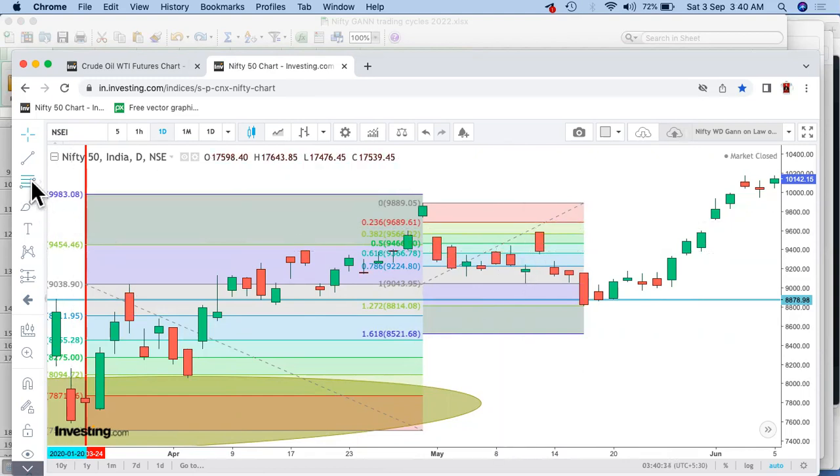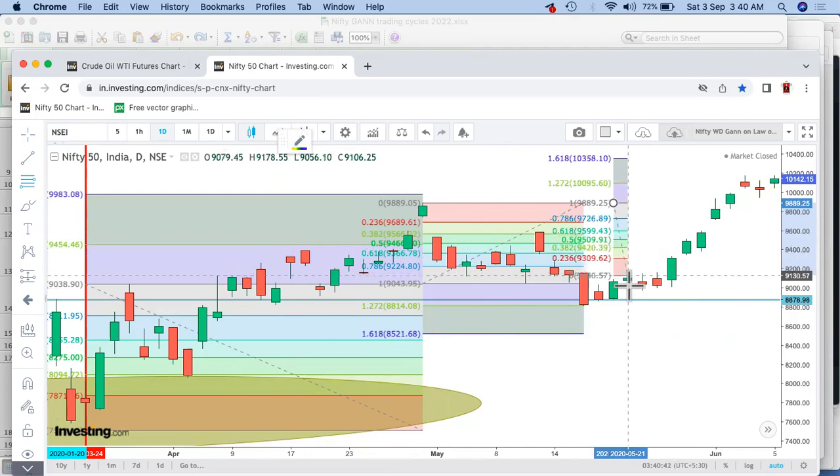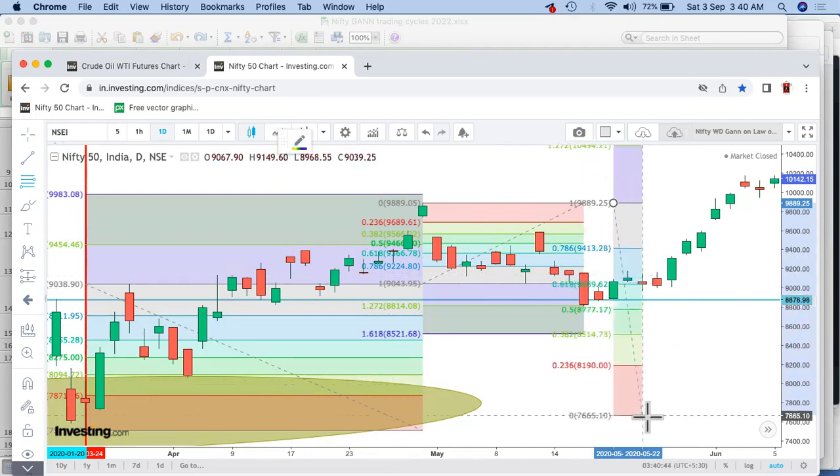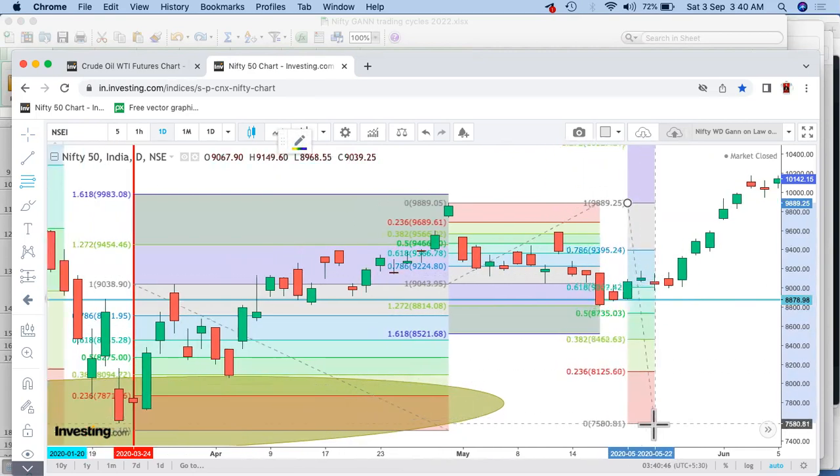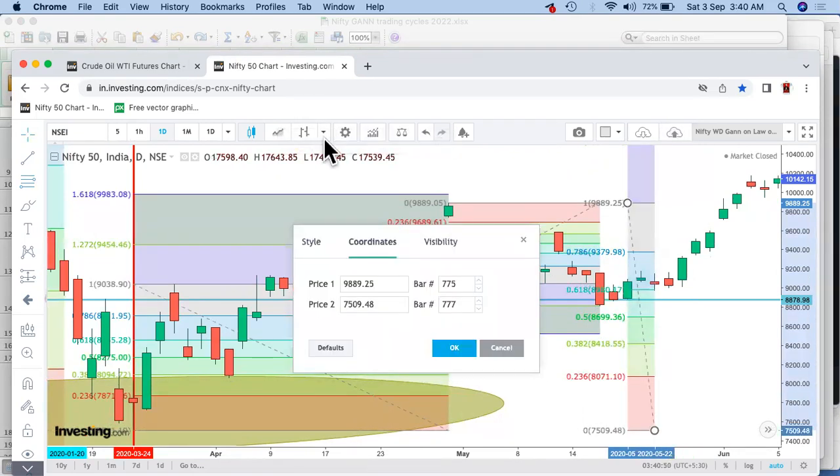So let's try to check if it's been happening as per this way or not. So I consider this as my low or probably my high, and I take my reversal again at the 7511 level because this is the bottom. So I'll just change that to 7511.1, and I'll take this high.